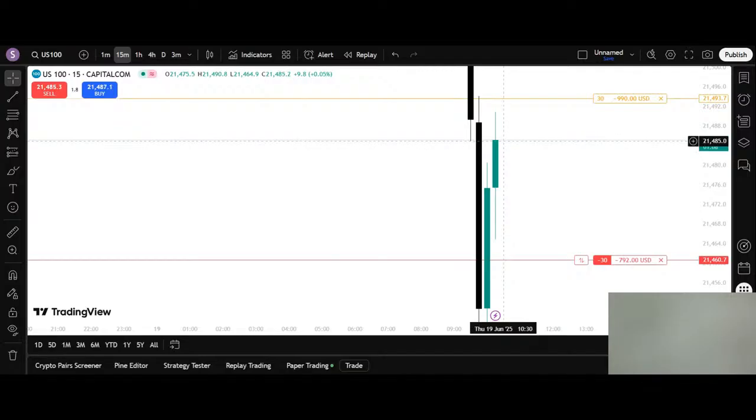We don't want it to violate the FVG right here. If it does, I might close the trade. If I'm in a trade until then, I think it's gonna hit my SL before that.